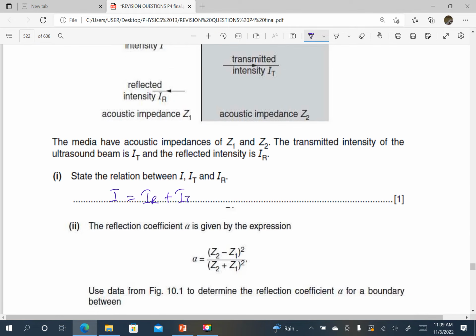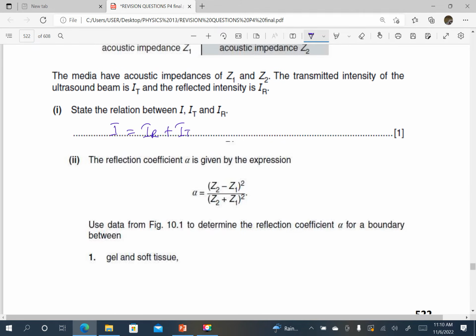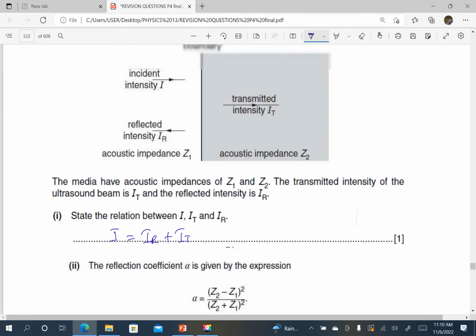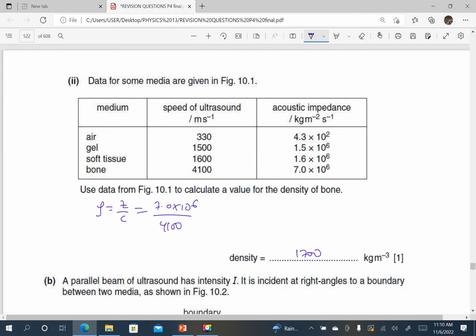The reflection coefficient alpha is given by that expression. Use data from the table, figure 10.1, to determine the reflection coefficient alpha for the boundary between gel and soft tissue. Notice that for gel, this is the speed, and soft tissue is that. Acoustic impedances for gel and soft tissue are 1.5 and 1.6.